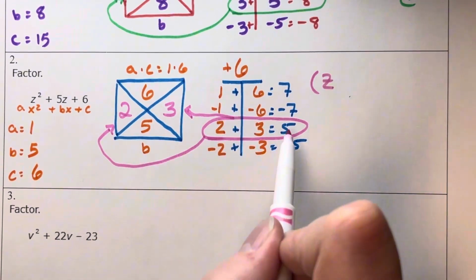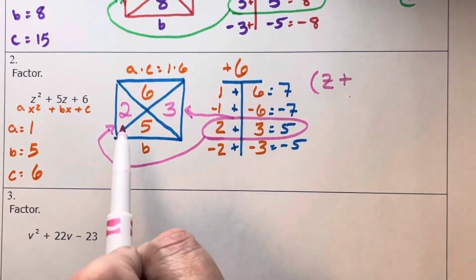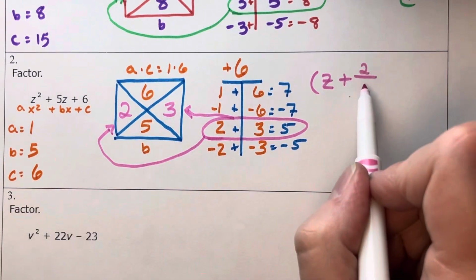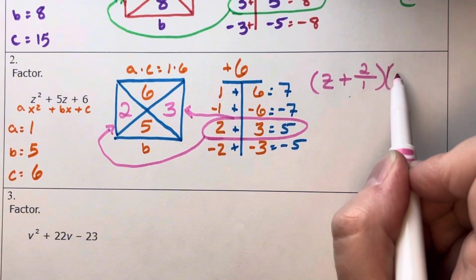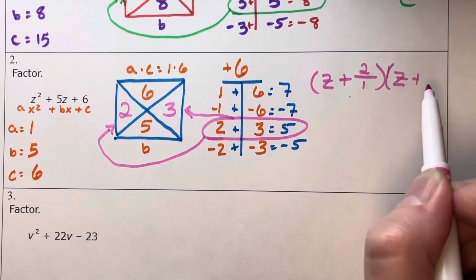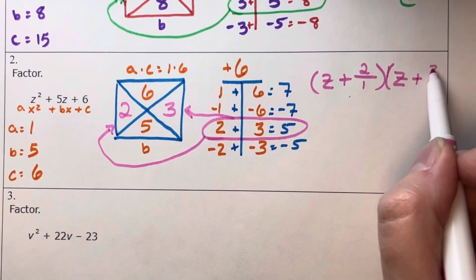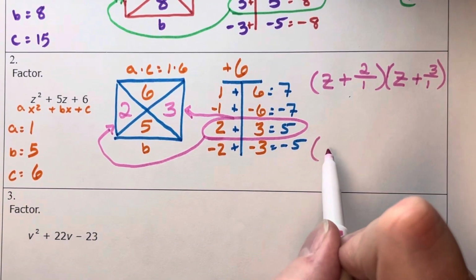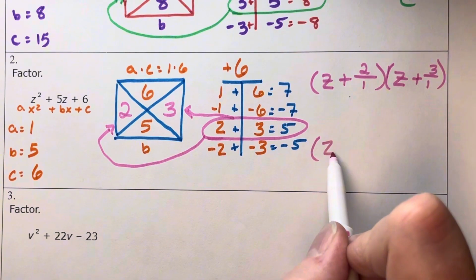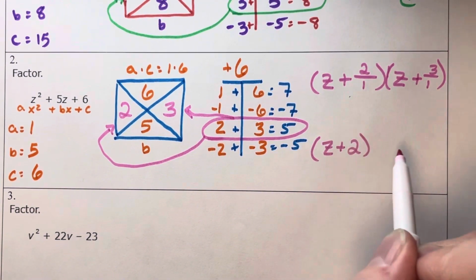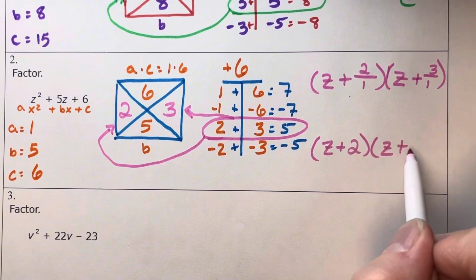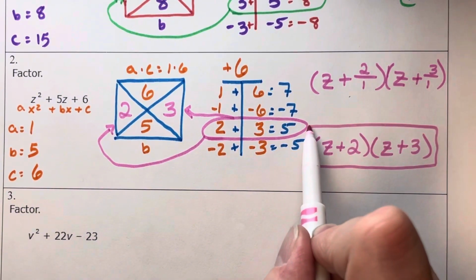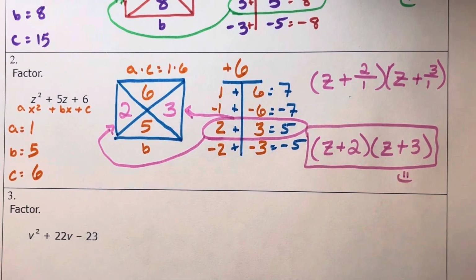These are all positive numbers, plus our left wing over our a number, times, again, our variable of choice, plus our right wing over our a number. And let's clean this up. So I end up with a final answer of the quantity z plus 2 times the quantity z plus 3, as anything divided by 1 is just that original thing. And there you go.